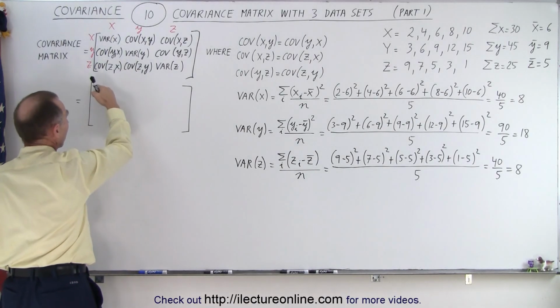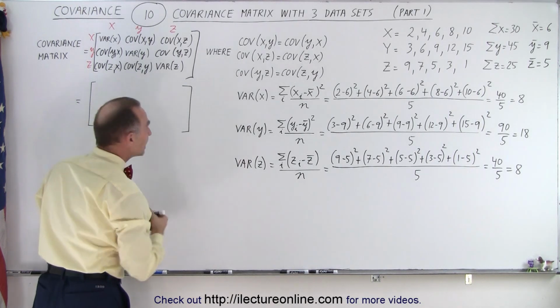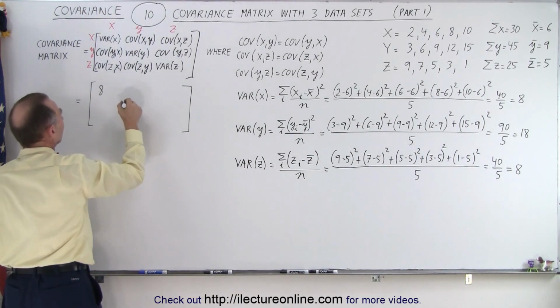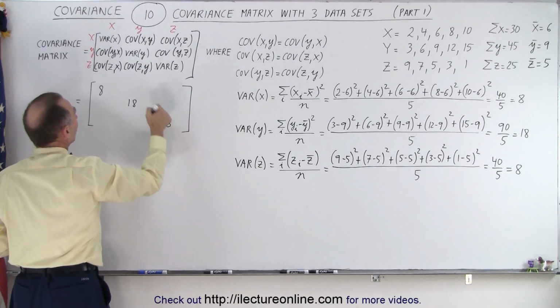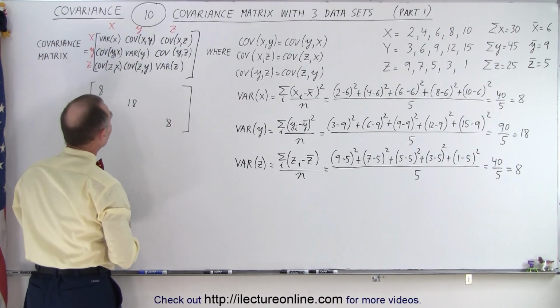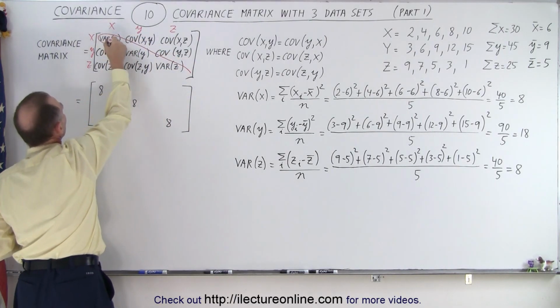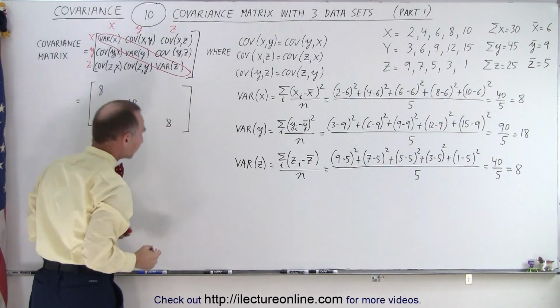So the variances go along the diagonal here. So we get 8, 18, and 8 for the variance of X, the variance of Y, and the variance of Z. Notice that the variances make up the diagonal elements in the 3 by 3 matrix like this.